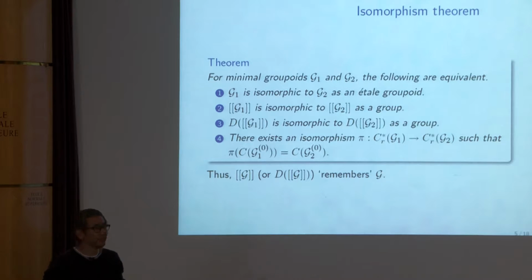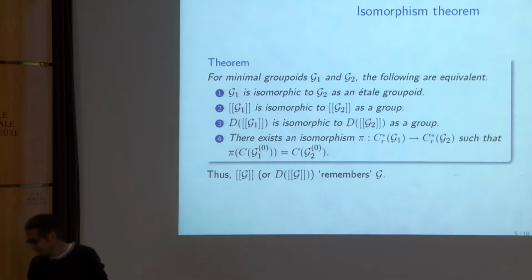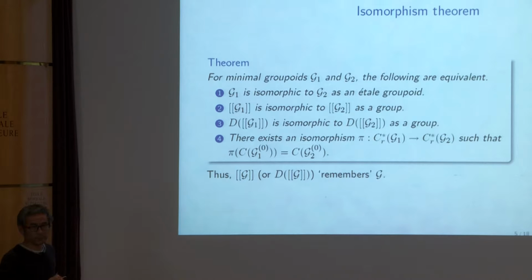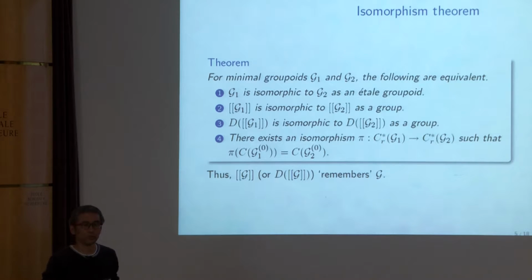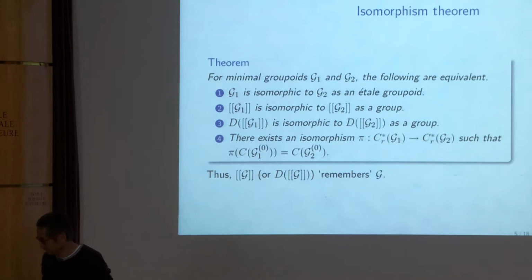But in this situation, it may be possible to distinguish them by using information from dynamical systems. So let us remember: Etale groupoids are isomorphic if and only if the associated topological full groups are isomorphic. That's the if and only if condition. This is your theorem? Yes, more or less.